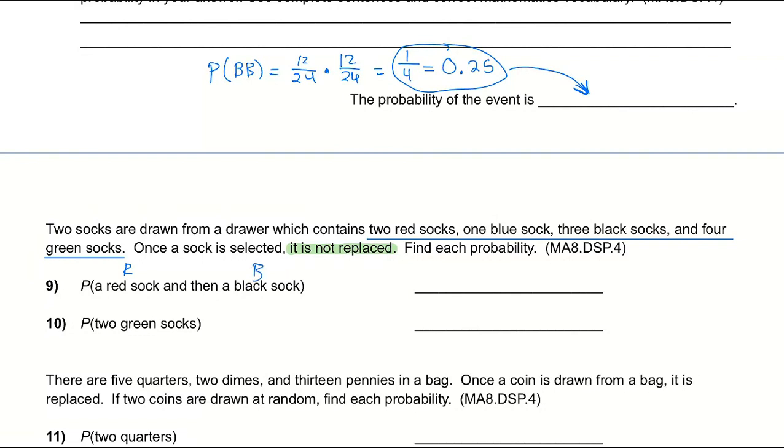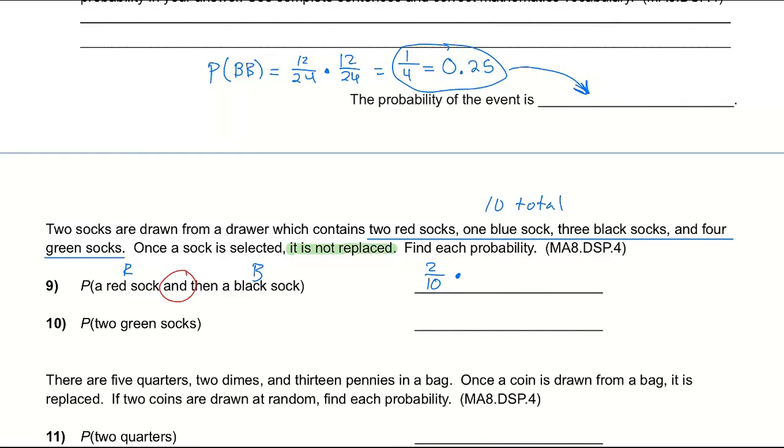So there are 2 red socks out of how many total? 2, 3, and 3 is 6, and 4 makes 10 total. So 2 red socks out of 10 total socks times a black sock, right?